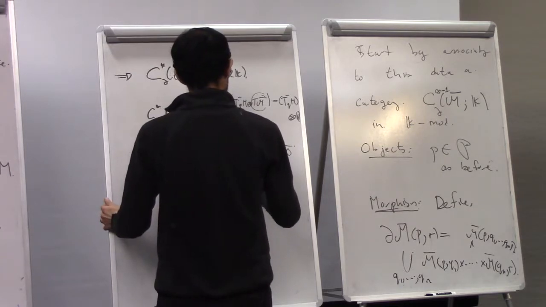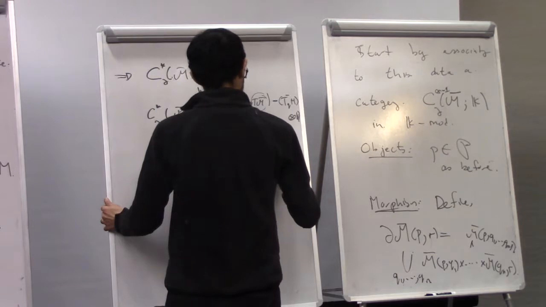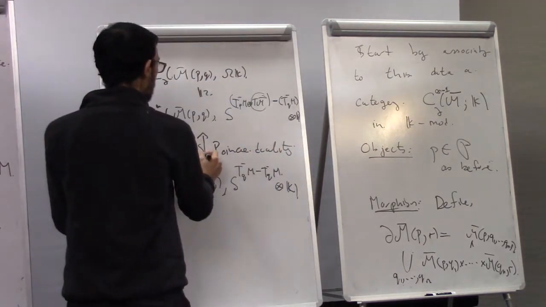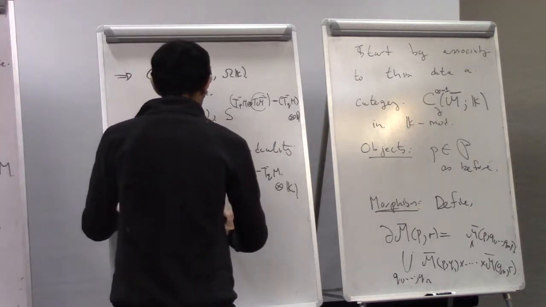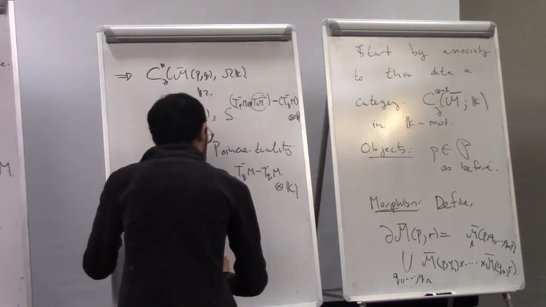Sphere, T minus M minus T cubed, also T cubed K. And this Poincare duality is an equivalence. And now once you're here, you can just forget to a point.